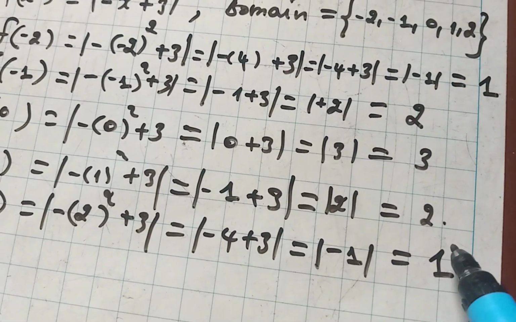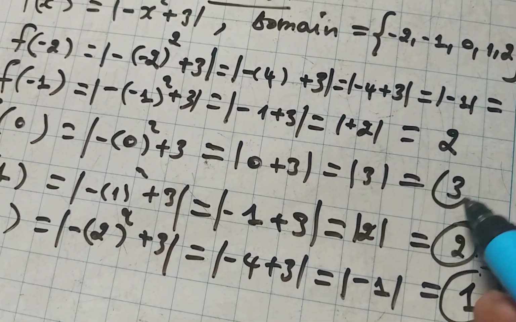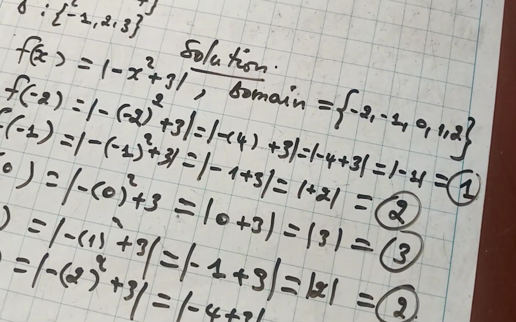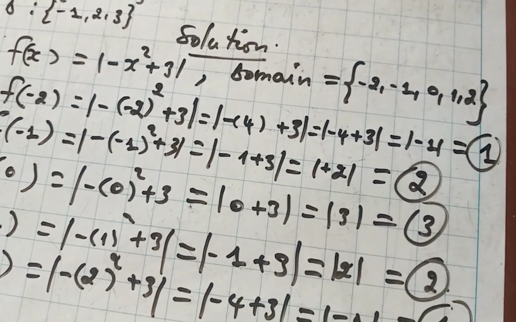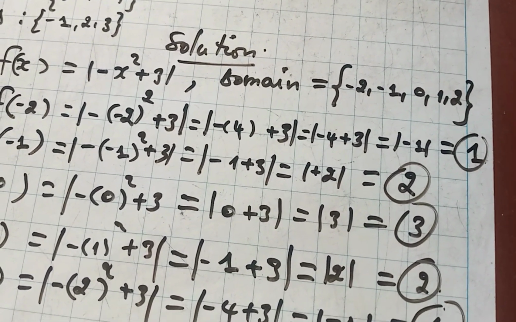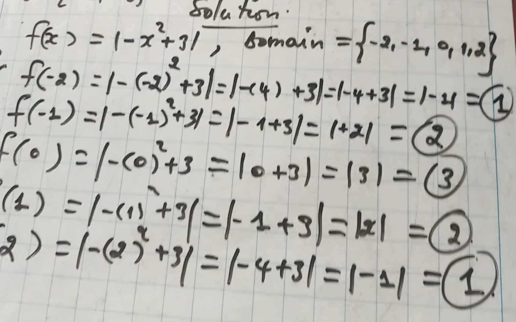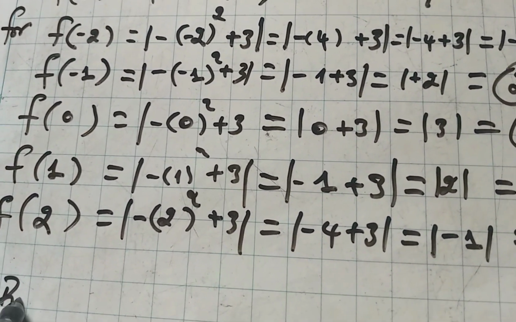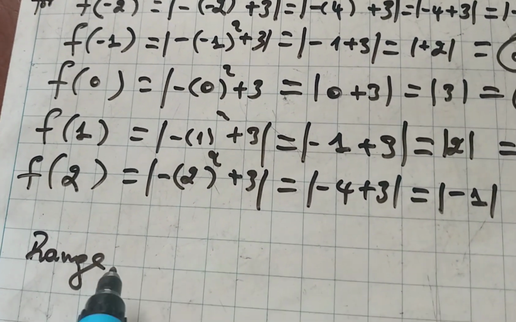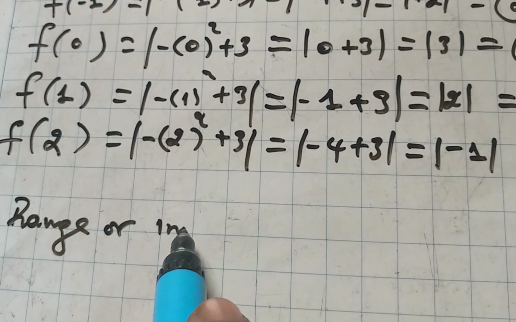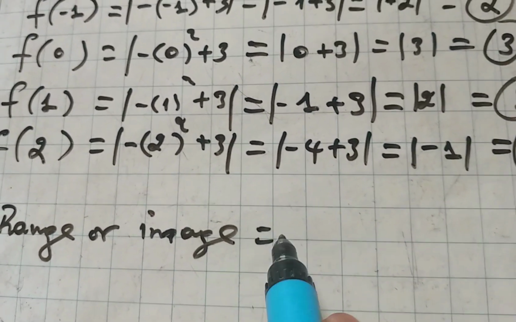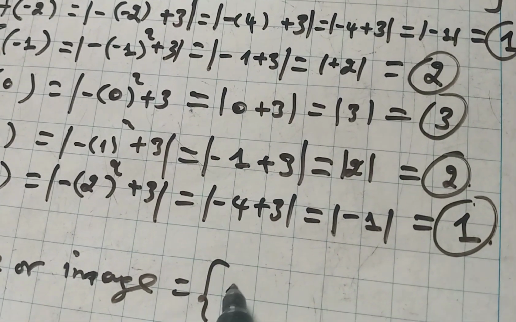You see, those numbers we get here are the images. So they form the set of the range, and the range is normally the image. So the range or image will be the set of 1.